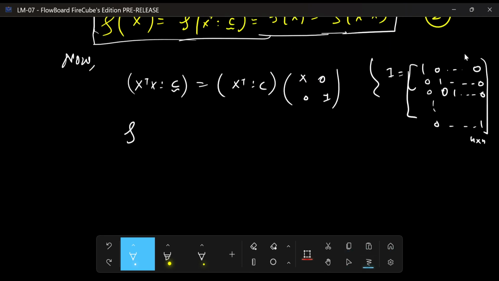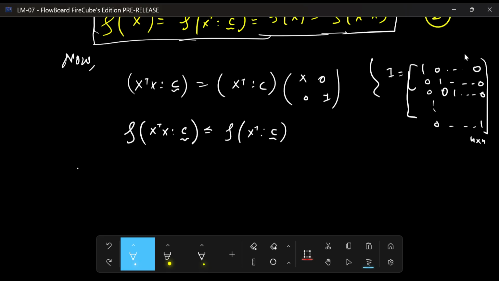So rank of X transpose X augmented C curl is less than or equal to rank of X transpose augmented C curl.